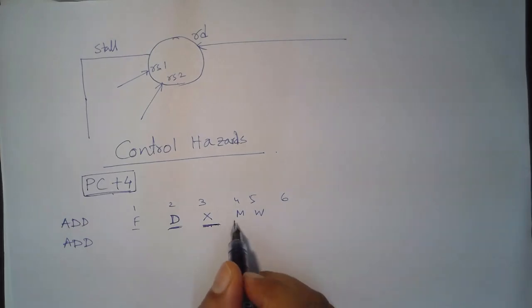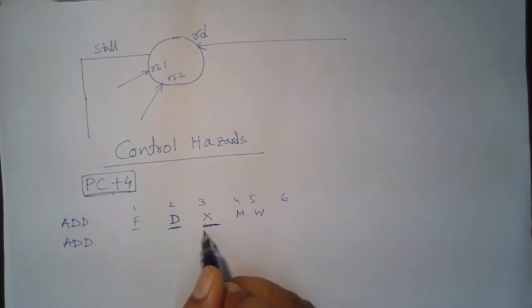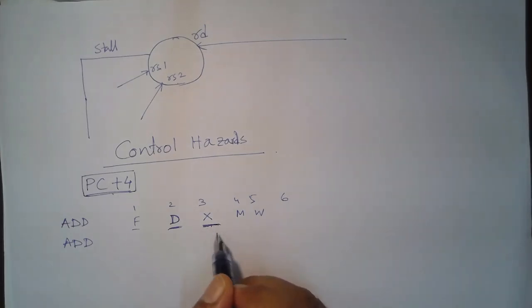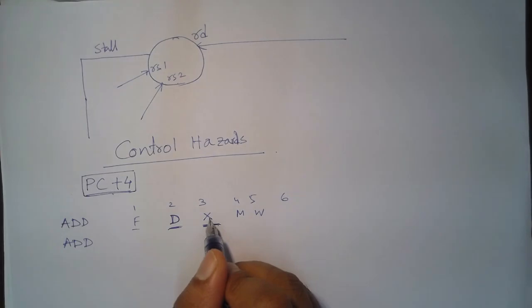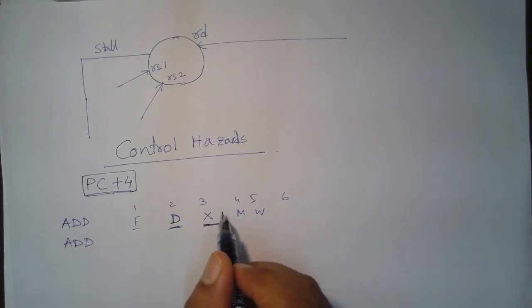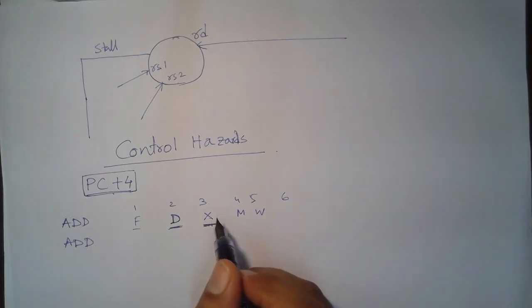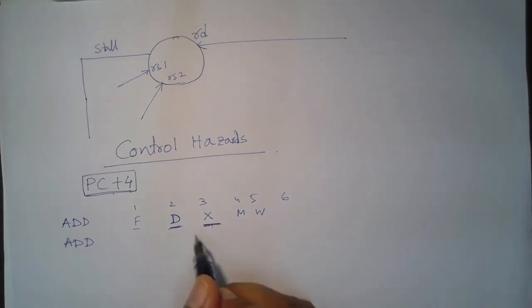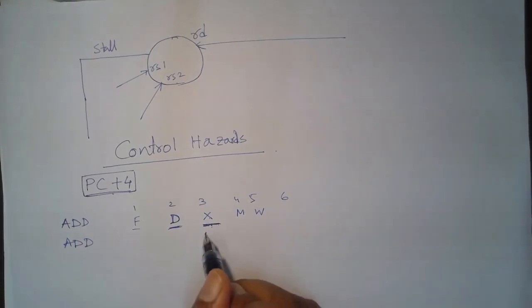So you can fetch the next instruction only at the execution stage, because in the execution stage you will know the outcome of the branch, and if it is a new address or a new branch target, then accordingly your PC will get updated.